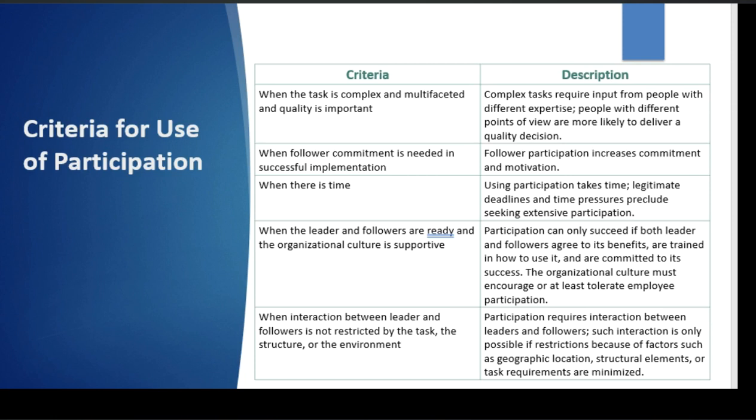This participation style can only succeed if both leaders and followers agree that it's beneficial to the organization and everyone is trained and committed to its success. The organizational culture must also encourage or at least tolerate the employees' participation.